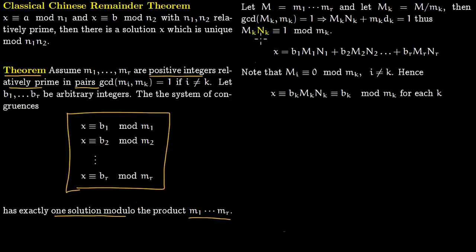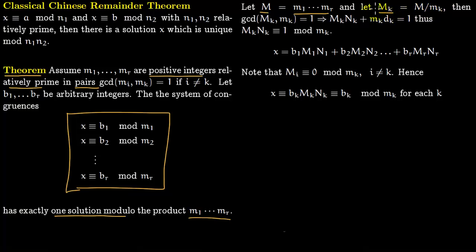So the proof is, first you set capital M as the product of m1, m2, m3 all the way to mr, and you set capital Mk as M divided by mk. So it has m1 times m2 all the way to mk minus 1, then mk is skipped because you cancelled it out, then mk plus 1 all the way to mr. So it has all the factors except mk.